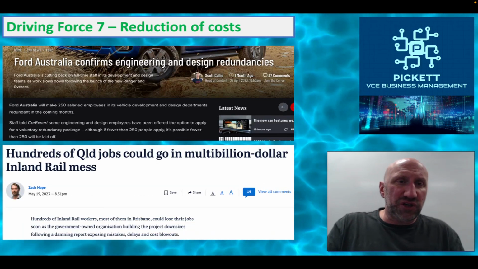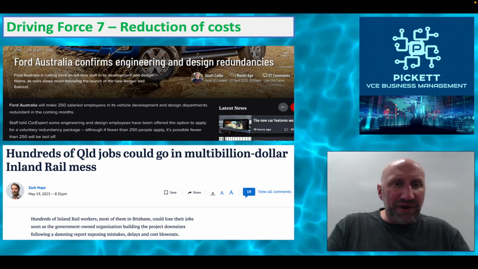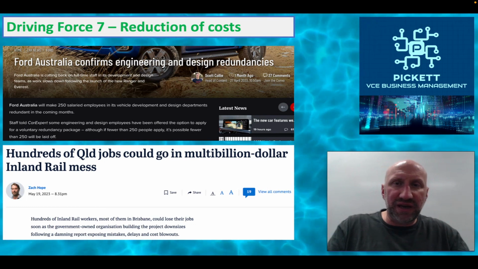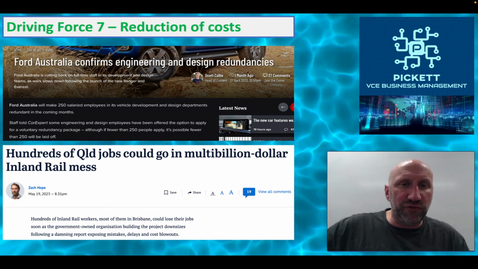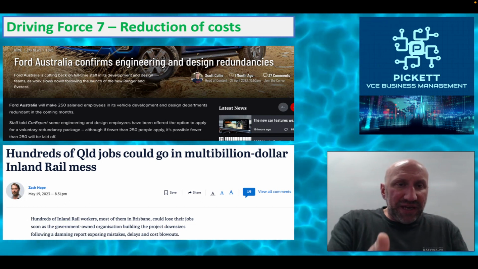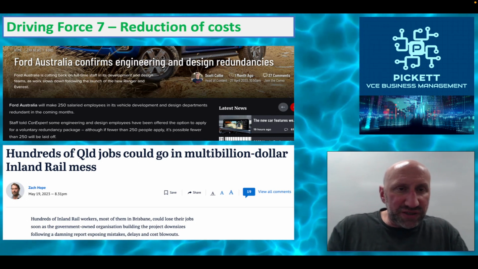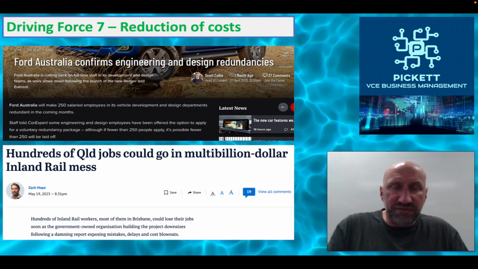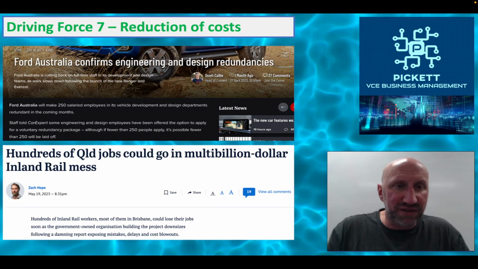Reduction of costs. Ford Australia confirms engineering and design redundancies. Now, I know we haven't manufactured the cars here for the last 6-7 years, but there still are some people employed by Ford in engineering and design. And they are making, it says there, 250 salaried employees redundant. And this is to save costs, simple as.